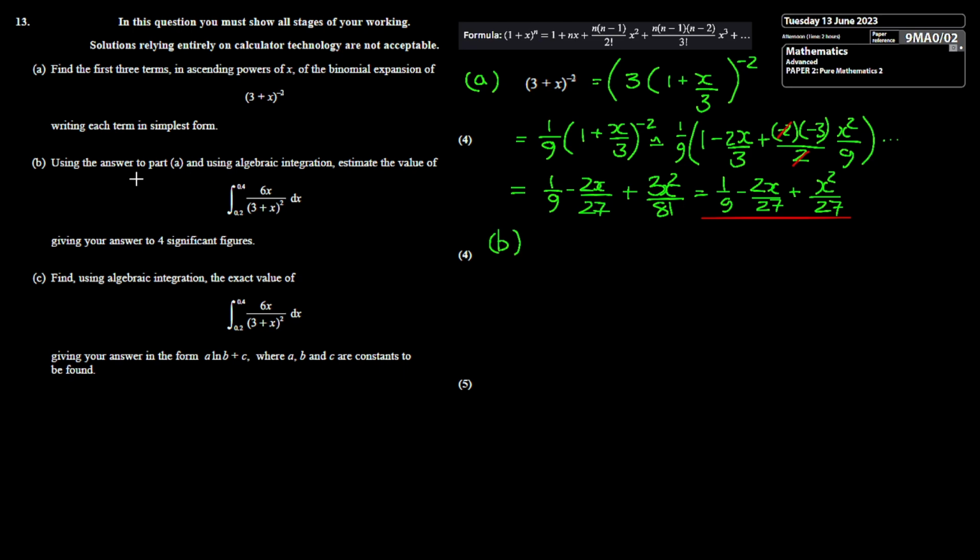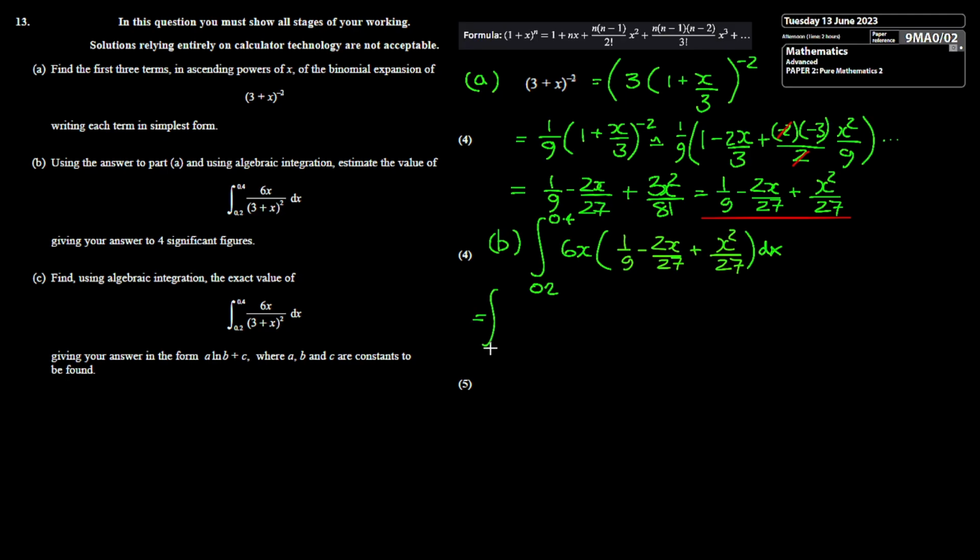So in part B, we've been asked to use our approximation for the 3 plus x raised to the minus 2 to answer this definite integral, giving your answer correct to 4 significant figures. So what's different about this? Well, what's different is that we've got 6x lots of this guy. So I can write that our integral from 0.2 to 0.4 is 6x multiplied by our expression here.